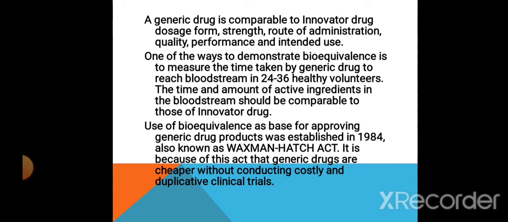One of the ways to demonstrate bioequivalence is to measure the time taken by the generic drug to reach the bloodstream in 24 to 36 healthy volunteers. The time and amount of active ingredient in the bloodstream should be comparable to those of the innovator drug.